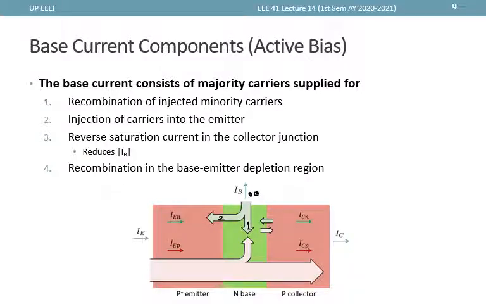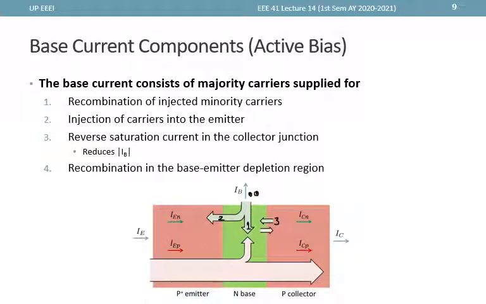Component number three is the reverse saturation current into the collector. This is actually ICN. So this is component number three, which in the opposite reduces IB instead of increasing it.